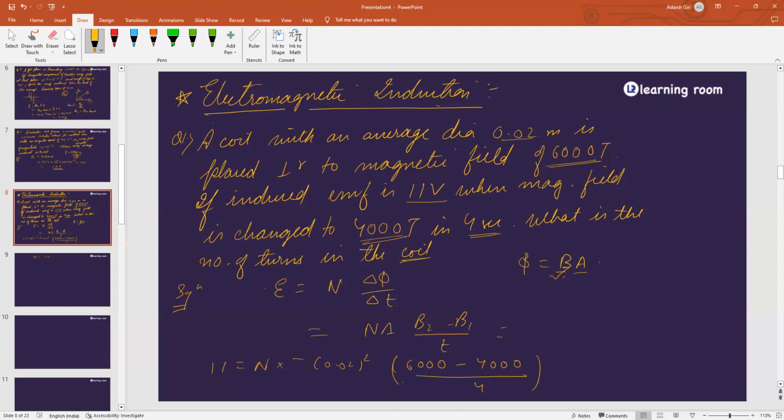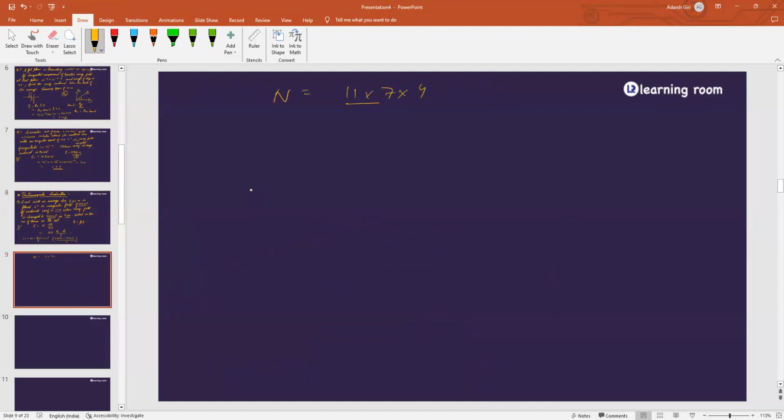If I expand, pi will be 22 upon 7. So 11 into 7 into 4 divided by 22 into 0.02 whole square into 2000. If you solve this, you'll get 35. Understood or not, everyone? Understood, sir. Good. Let us go for the next question.